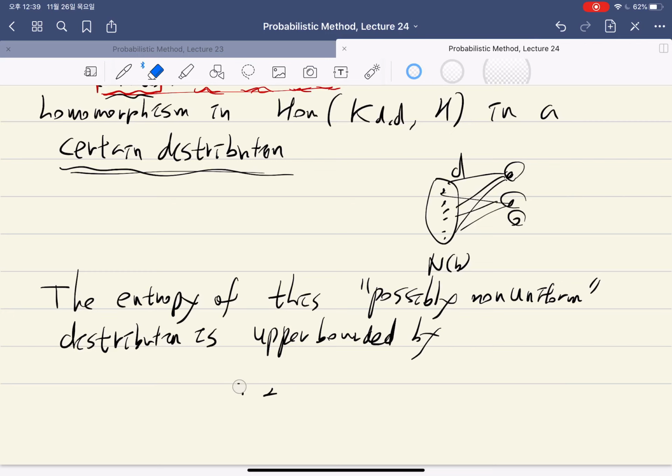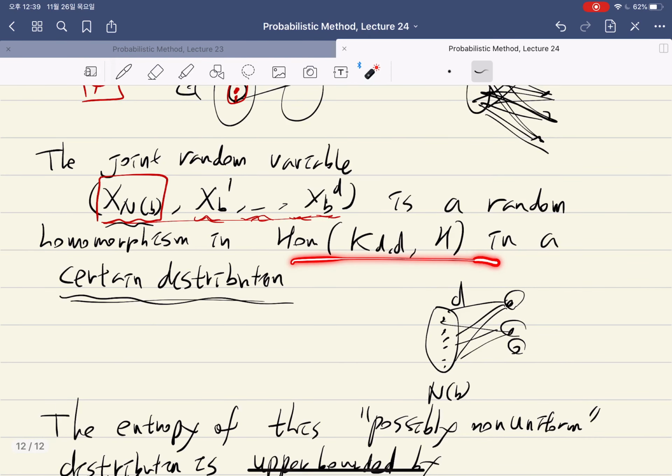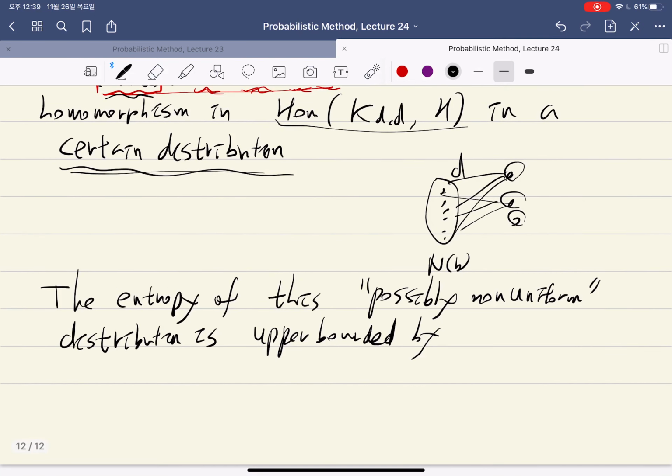This is some certain probability distribution, but the entropy is maximized when it is uniform. So we know that H(X) is at most log of |S|, where X has values in S. That's the first thing that we have proved. So this is upper bounded by log base 2 of the size of the set of homomorphisms from K_{D,D} to H.